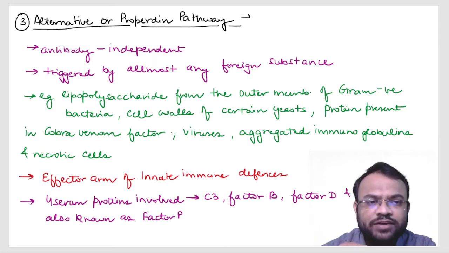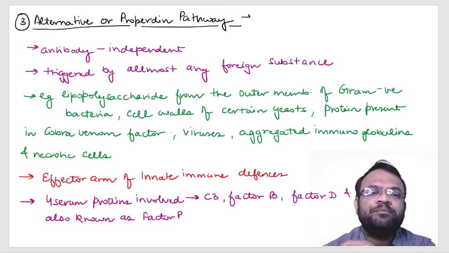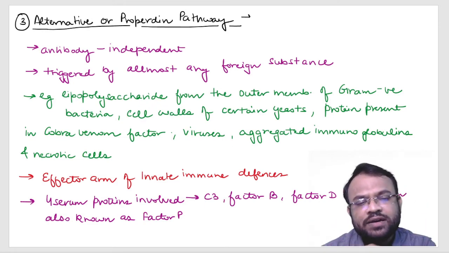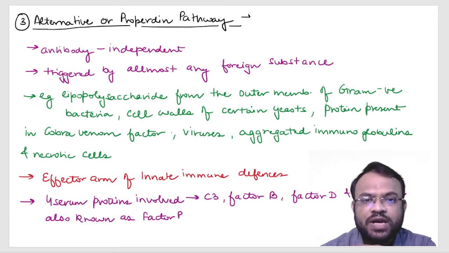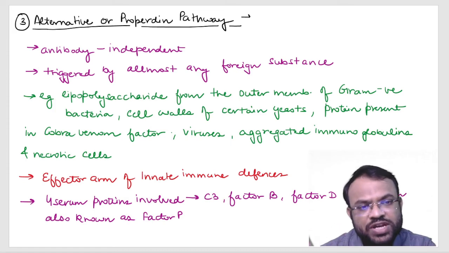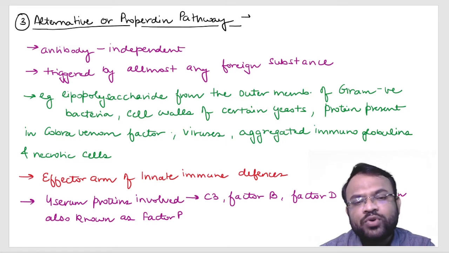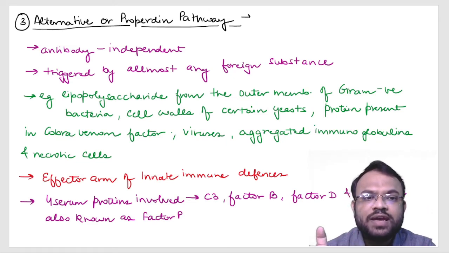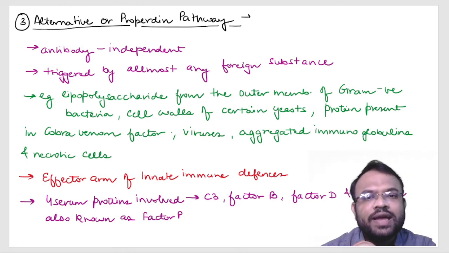Gram-negative bacteria have lipopolysaccharides in the outer membrane, and these can activate the alternative pathway of the complement system. Apart from this, certain yeast cell walls can activate this system. Cobra venom protein, aggregated immunoglobulins and necrotic cells can also activate your alternative pathway.